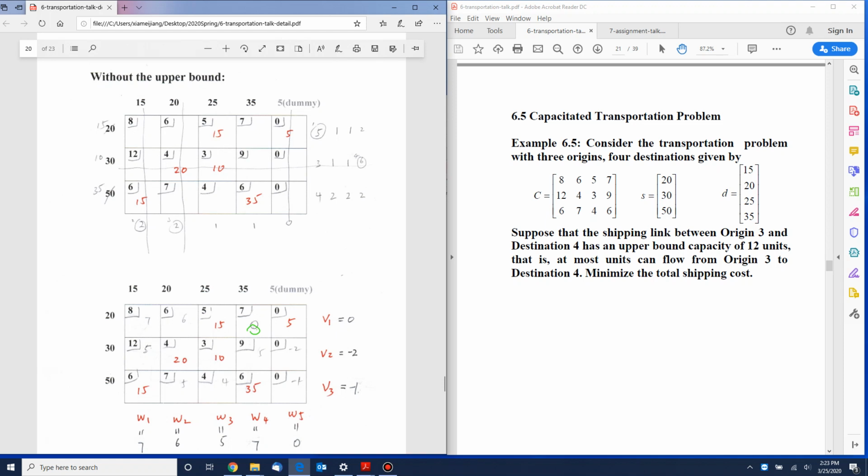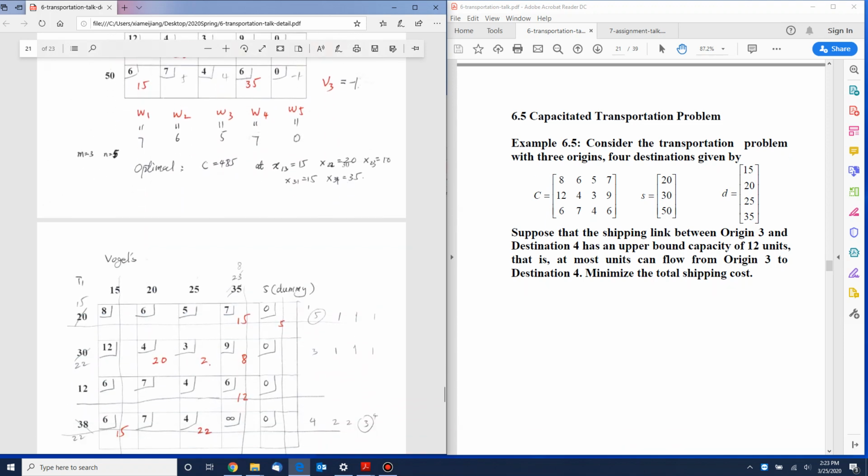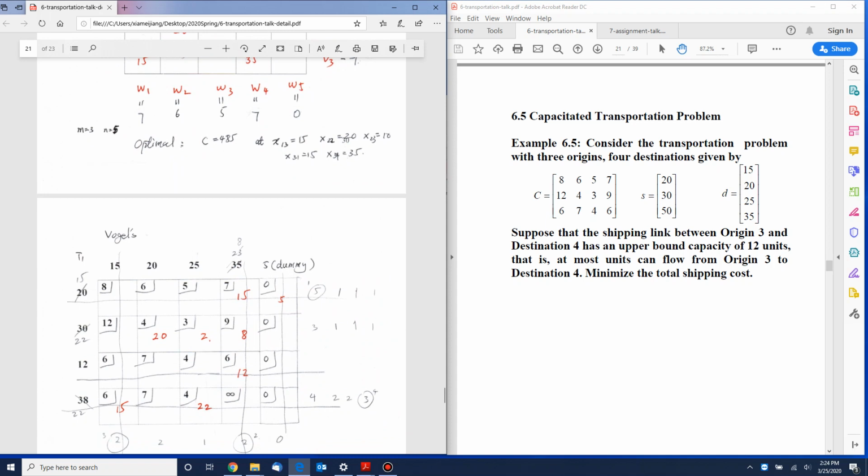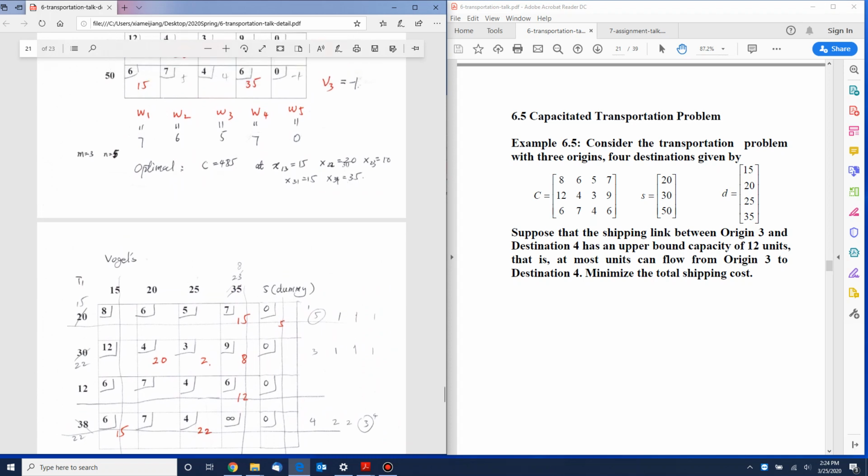We have to rework to see if we can put just 12 units from orange 3 to market 4. Okay, now I already wrote the total cost in this case in the usual time.